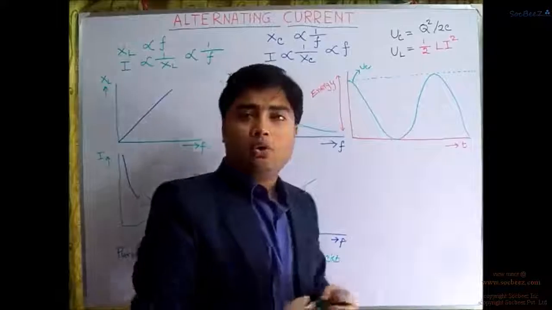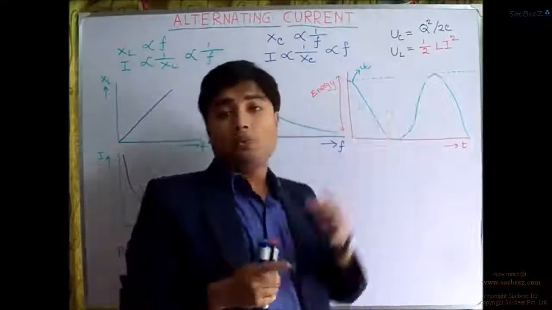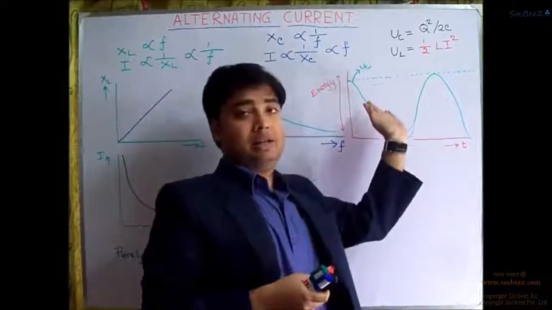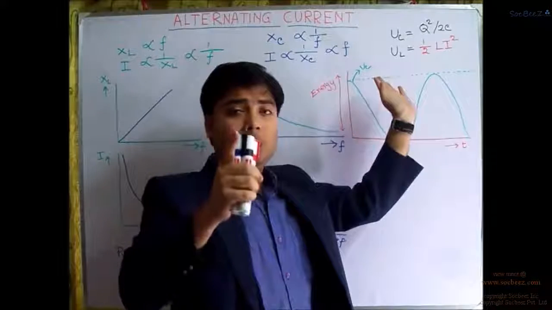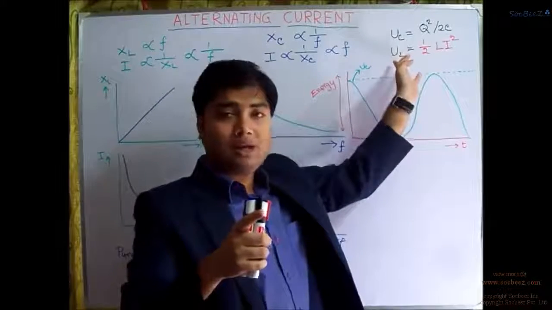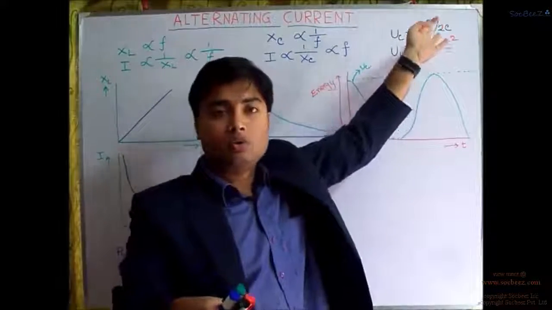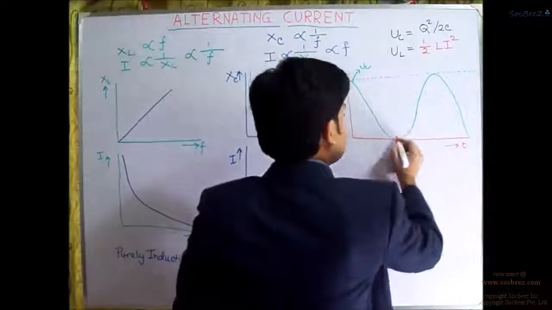Now, as we know, on the very first occasion UL was equal to 0. After that, it goes to the medium level and then it reaches the highest maximum point. When did it actually reach the highest maximum point of the UL? Yes, at that point when UC was equal to 0. So we could make it as such.